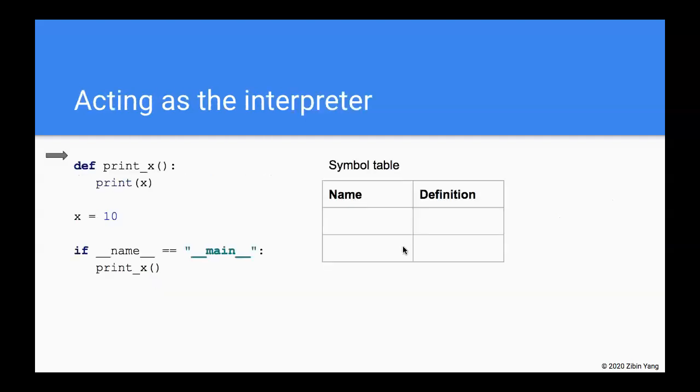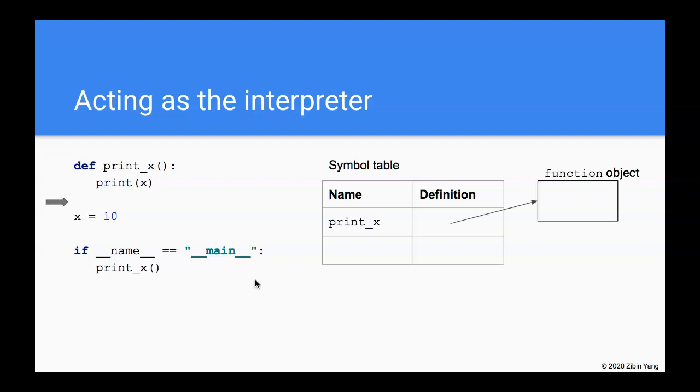All right, so let's see the symbol table in action given the code that we just wrote. Here's a symbol table. It basically contains two columns. One is a name, the other is the definition, or actually a reference to the actual object, as we'll see. Before we execute anything at all, the symbol table is empty, right? Now once we encounter the definition for a function, what's added to the symbol table is the name of the function, printx, and the definition.